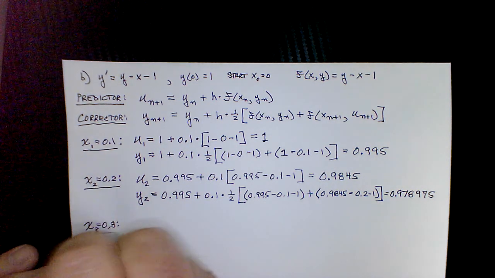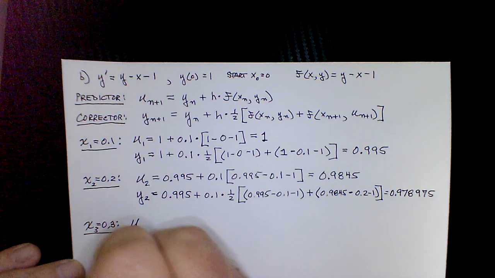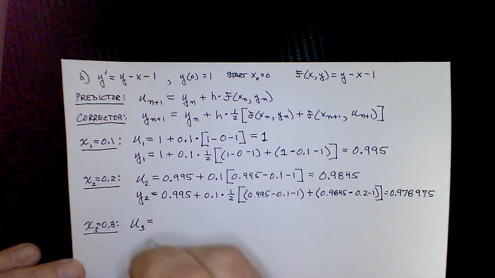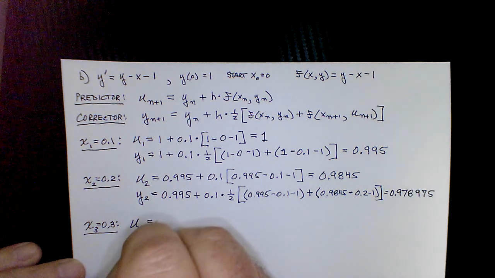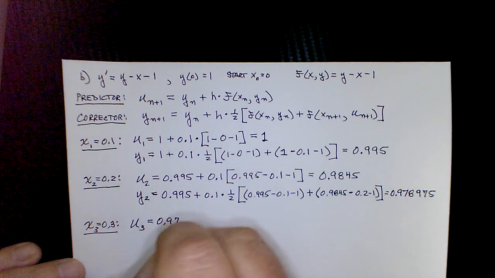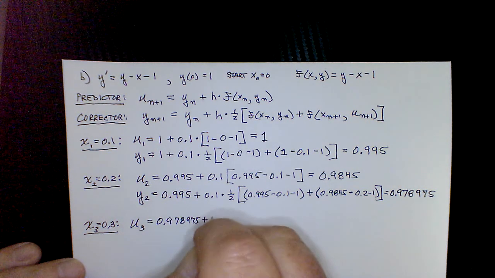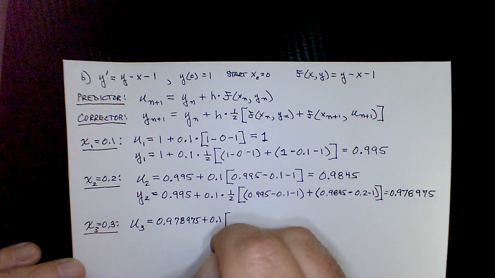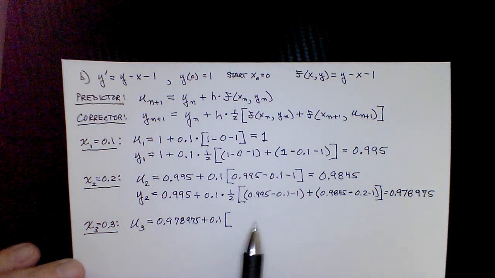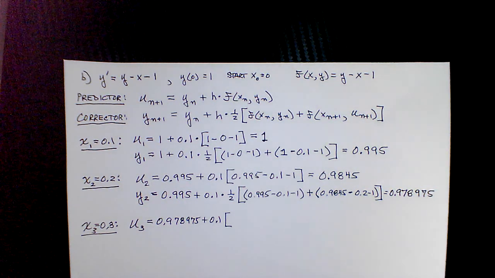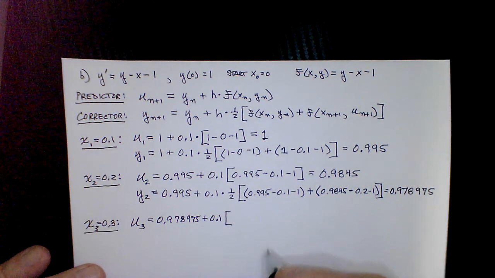Just a couple more. So therefore, u sub 3 is going to be the previous y value, 0.978975, plus 0.1 times the function evaluated at the previous x and the previous y value.